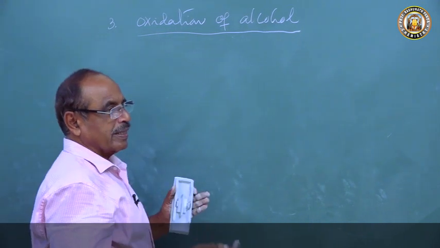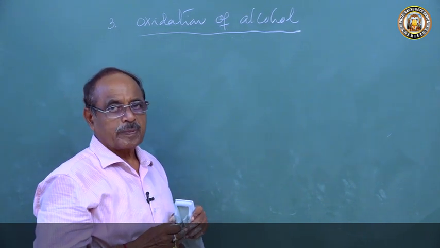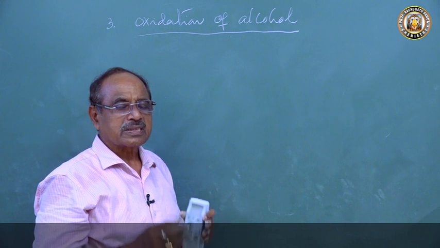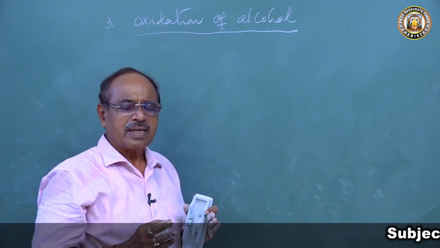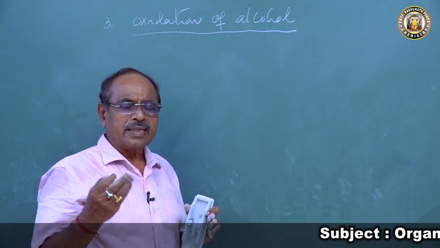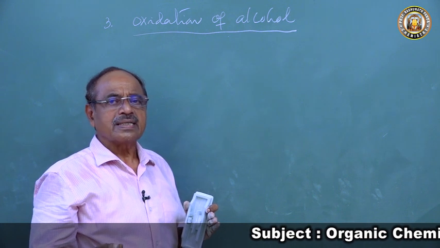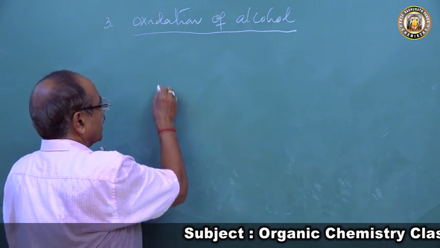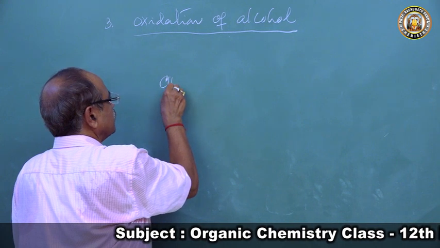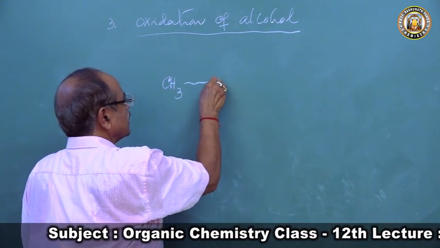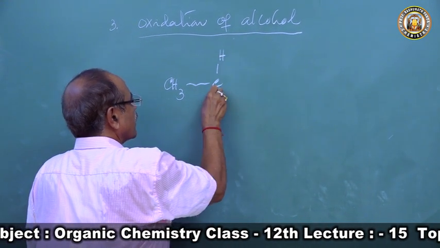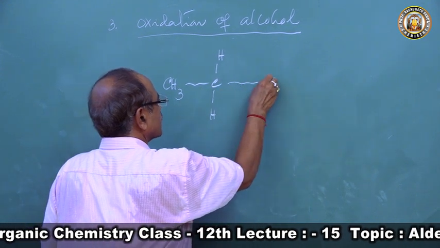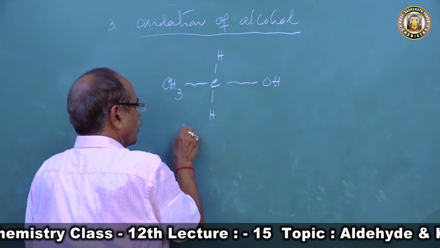Suppose you want to prepare acetaldehyde, then our starting material will be what? A primary alcohol containing two carbon atoms. What is that? Ethyl alcohol. If you take ethyl alcohol, CH3CH2OH, this is ethyl alcohol.